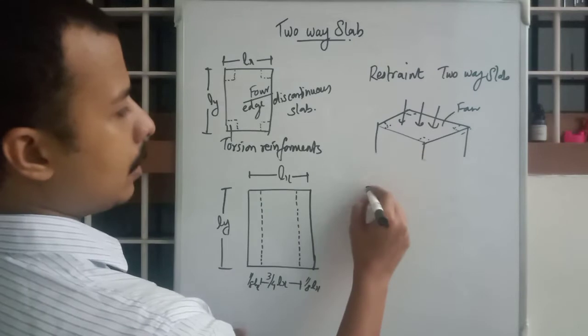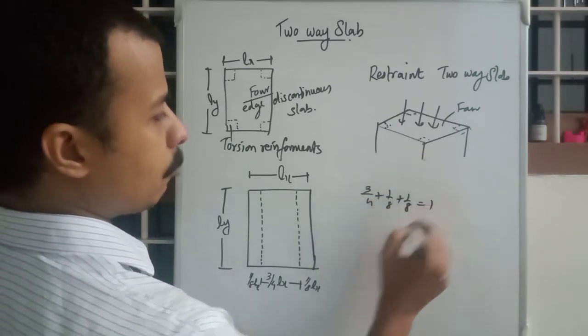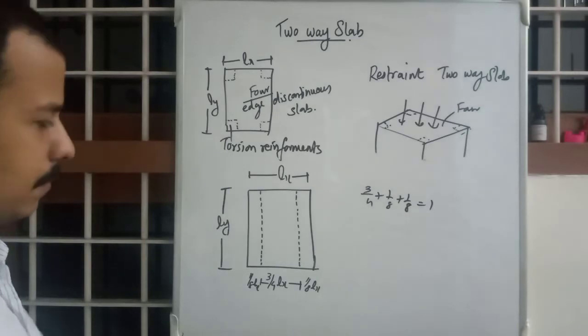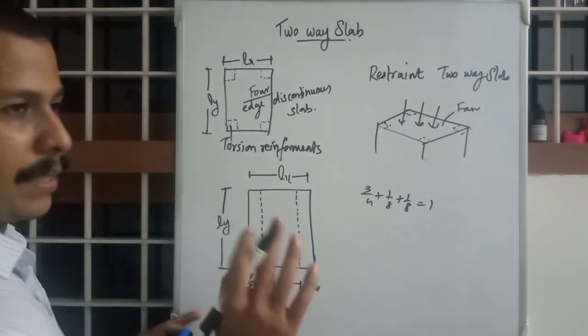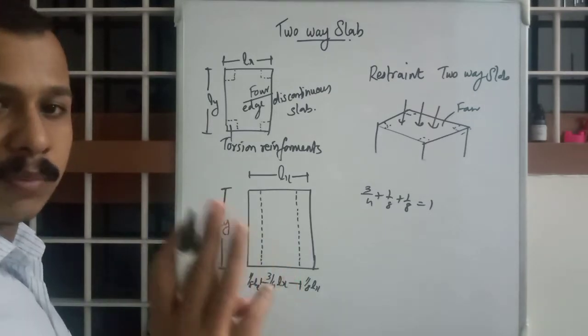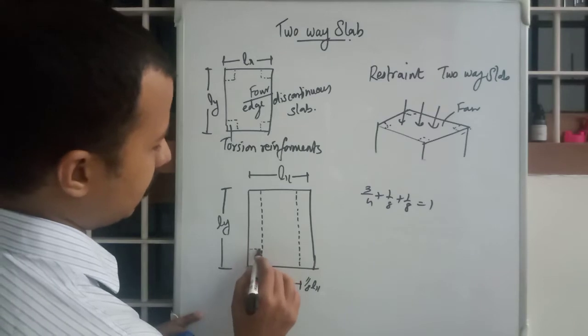Obviously 3 by 4 plus 1 by 8 plus 1 by 8 gives you 1. On the LY side also, we will be designing reinforcement on the basis of 3 strips, same criteria.